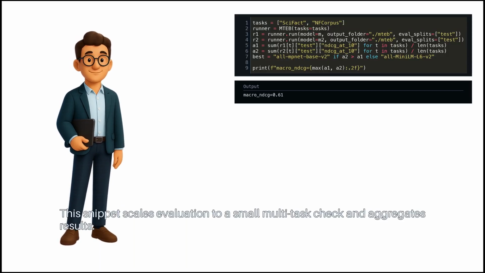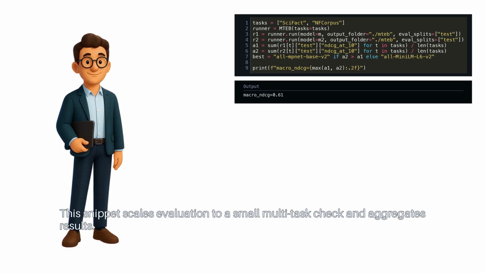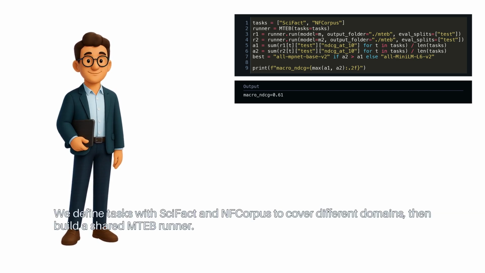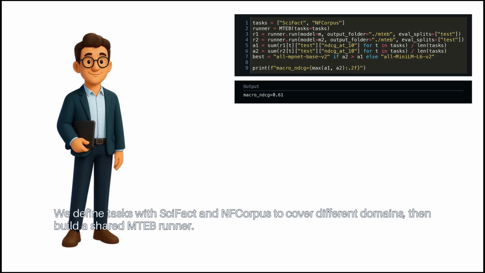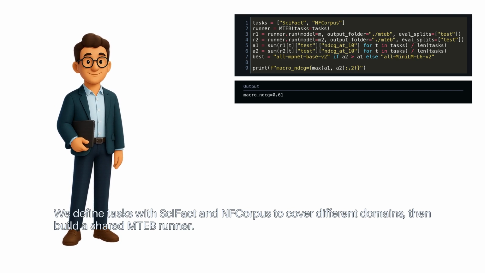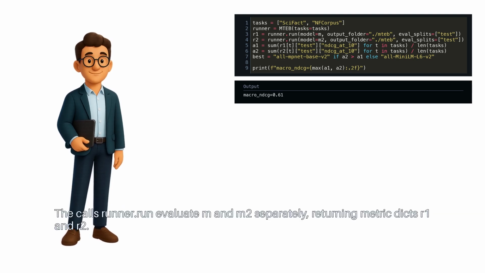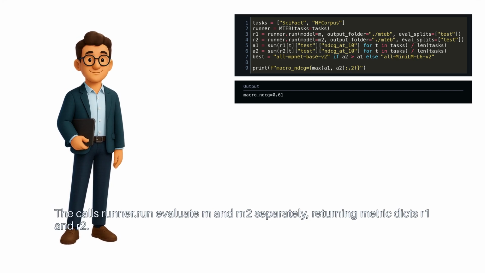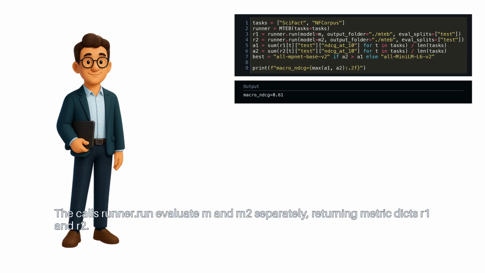This snippet scales evaluation to a small multitask check and aggregates results. We define tasks with SciFact and NFCorpus to cover different domains. Then build a shared MTEB runner. The calls runner.run evaluate M and M2 separately, returning metric dicts R1 and R2.